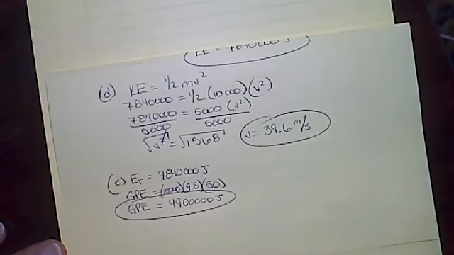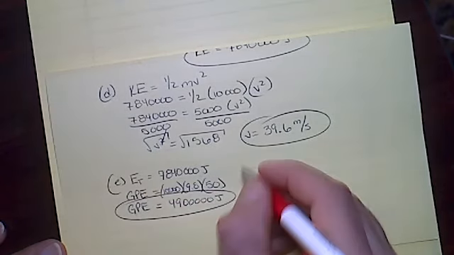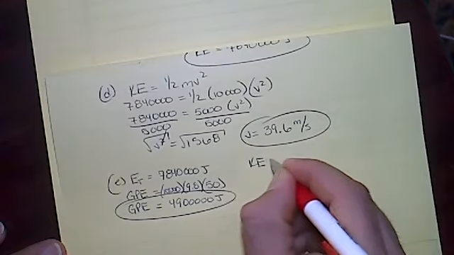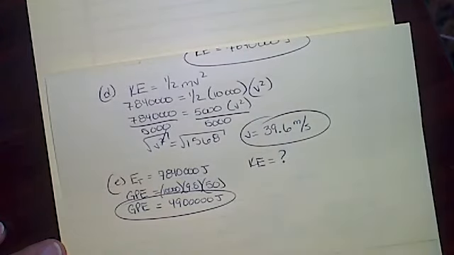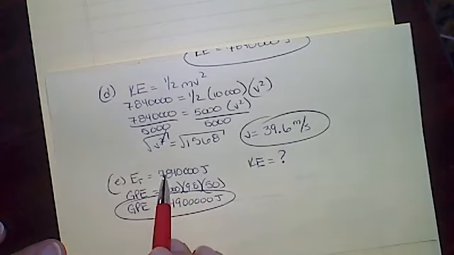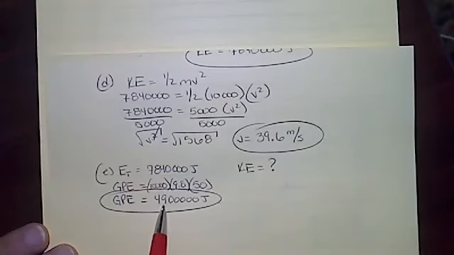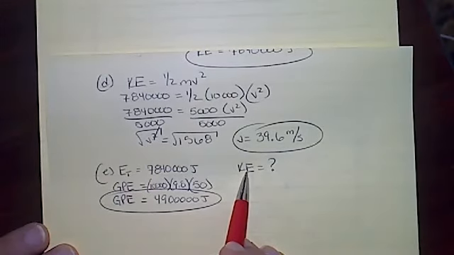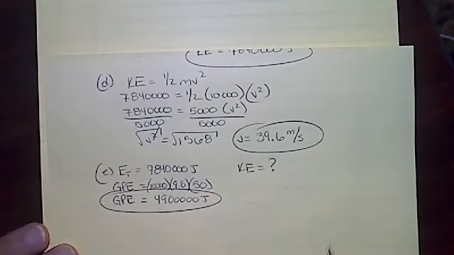joules. But we also want to find out the KE. So think about this. You have a GPE and a KE. Together, these make up the total energy. So if I have the total and I have a part, how do I find the other part? Excellent job. You have to subtract these two.